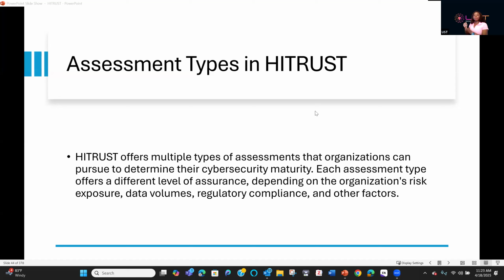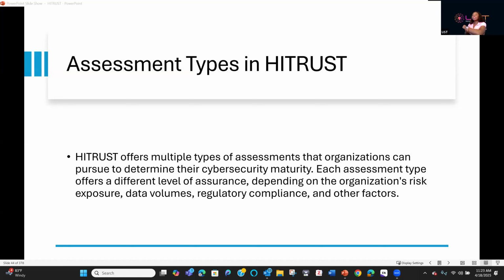Yesterday we talked about the different types of assessor, being internal and external assessor, if you want to achieve HITRUST certifications. But we just keep talking about certification. Now we'll talk about the types of assessment, right? Assessment types in HITRUST. It says HITRUST offers multiple types of assessment, actually three, that an organization can pursue to determine their cybersecurity maturity.